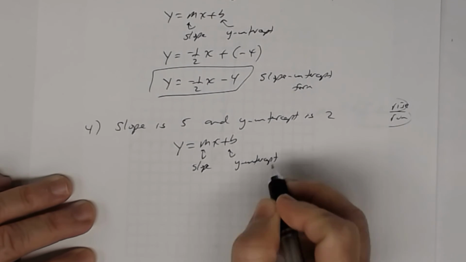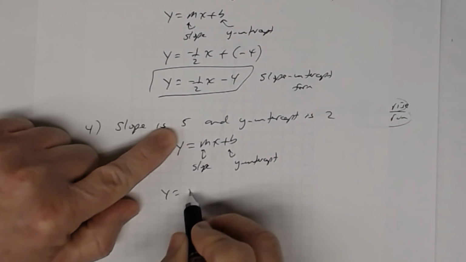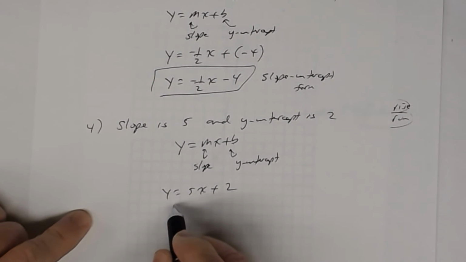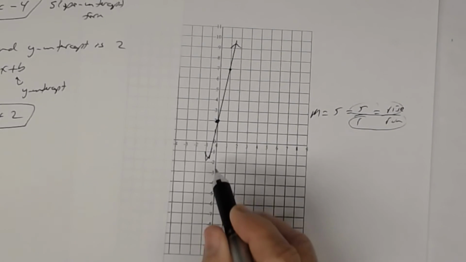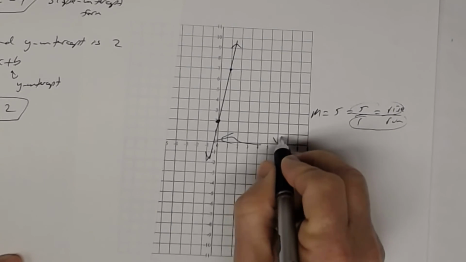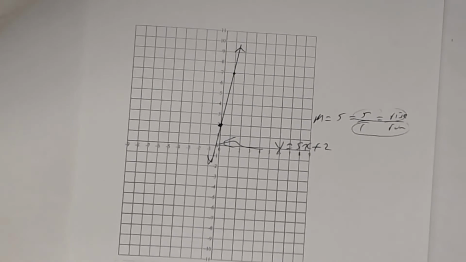And I know it for both. So y equals 5, the slope, times x plus the y-intercept, which I know is 2. And that's it. You can't do anything else to this. So there's your answer. The equation of that line is y equals 5x plus 2. All right? And that's all it is.